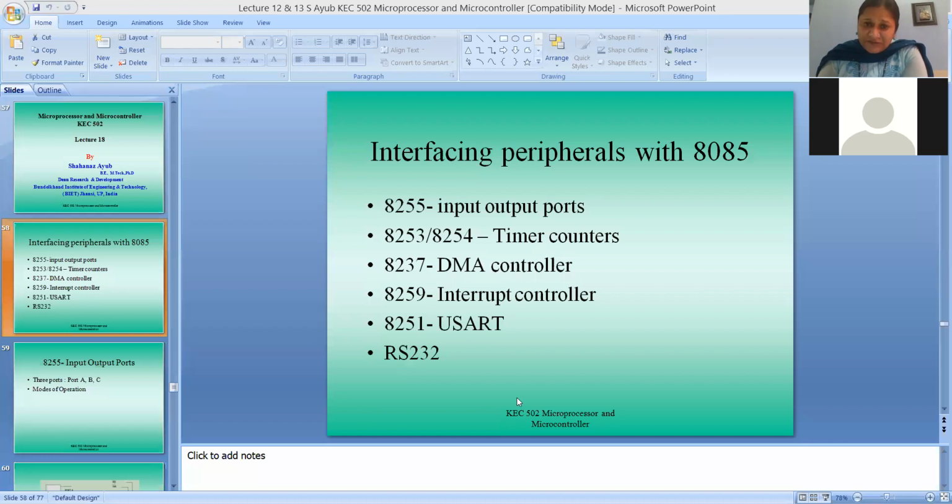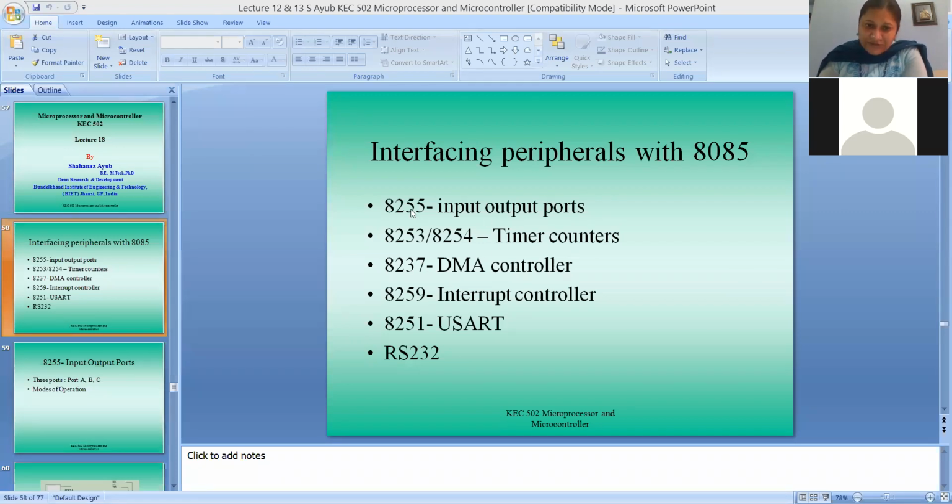So all these ICs get different addresses. How to assign those addresses, that we will see. Because 8085 has only its instruction set, we have to connect these ICs externally to the 8085 microprocessor. We will see one by one.